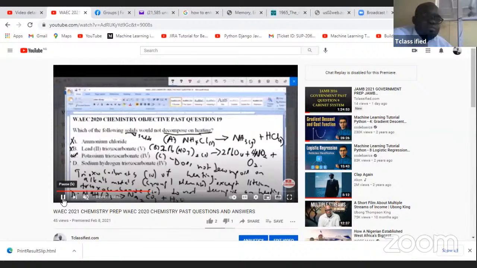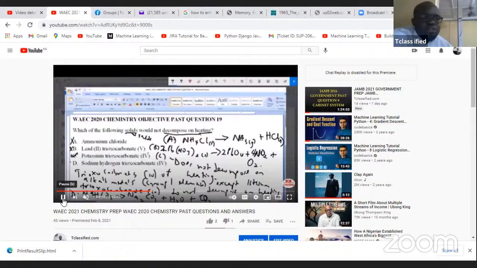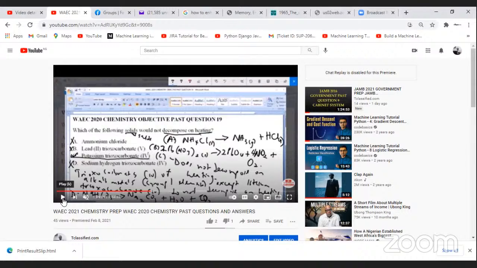So trioxocarbonates don't decompose on heating, except for lithium trioxocarbonate. There's a special property for that. So ammonium chloride can decompose.